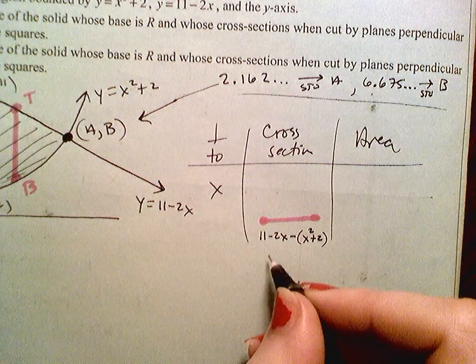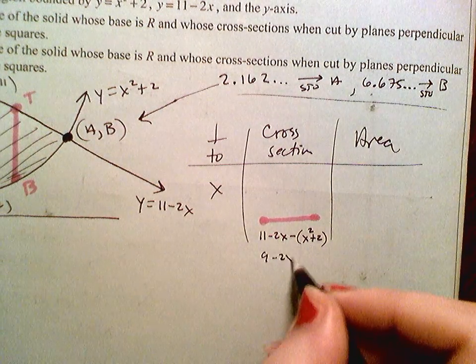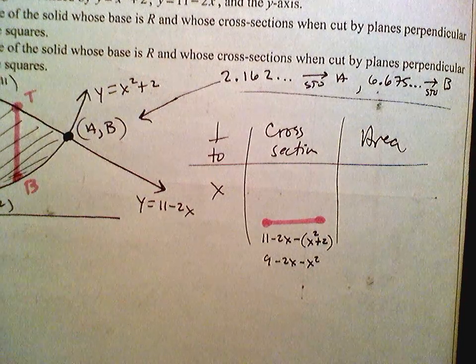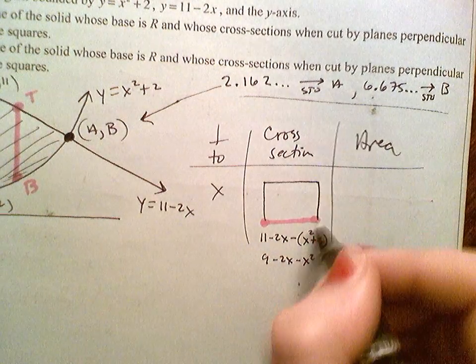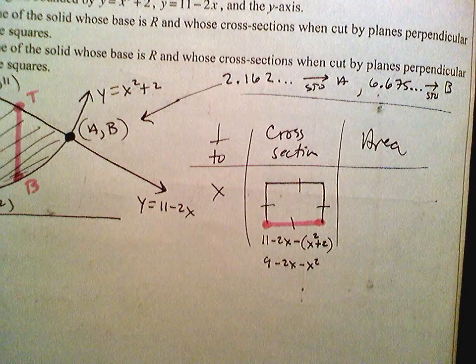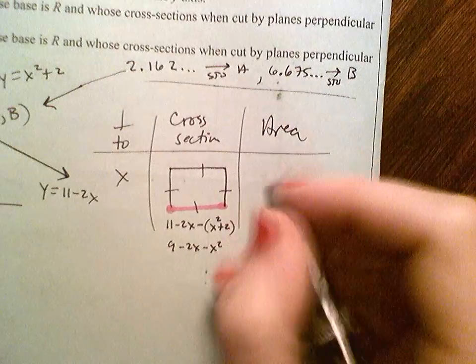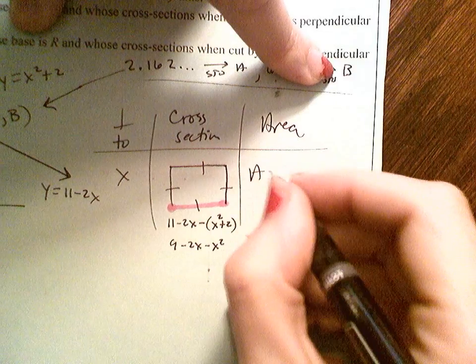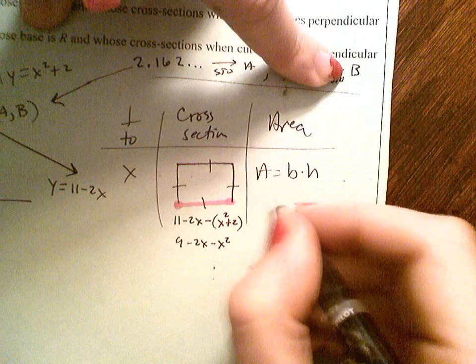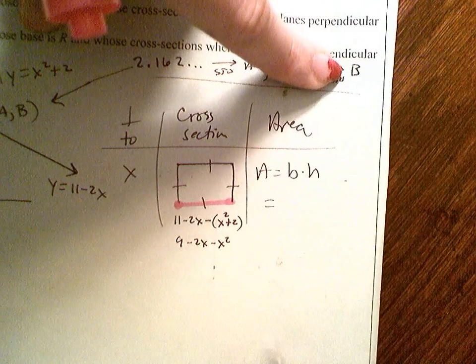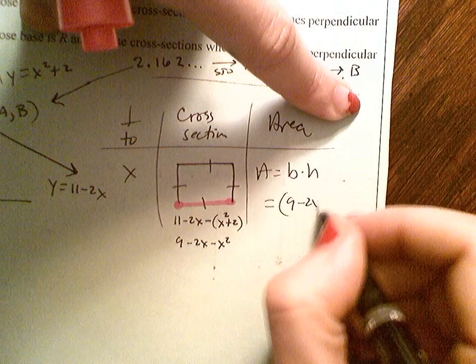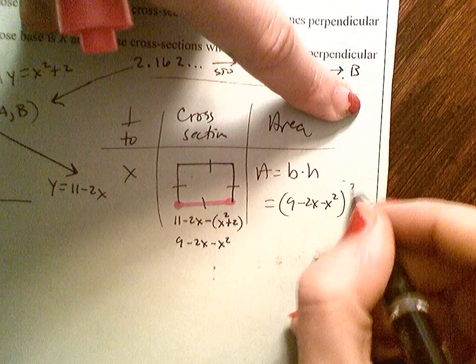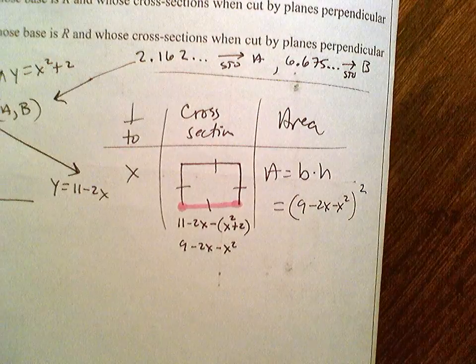So 11 minus 2, I've got 9 minus 2x minus x squared. That's the length of that. Let me complete the cross section. It's a square. The area of a square is base times height, but for a square the base is the same as the height, so I'm just going to have this thing squared. So 9 minus 2x minus x squared, squared.